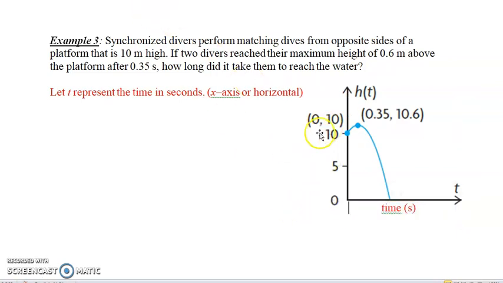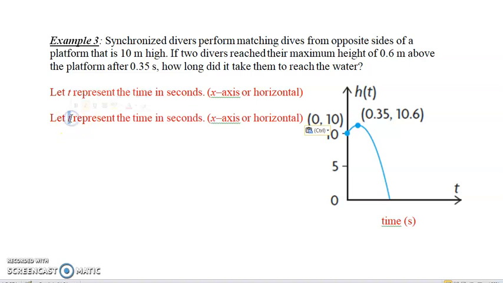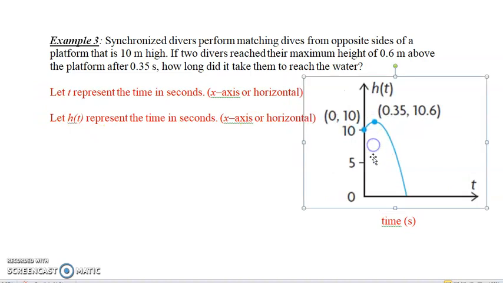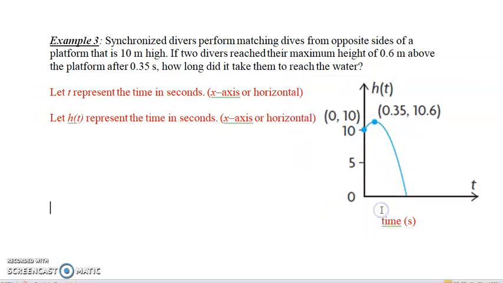And vertically, what we'll do is we'll let h of t, you can just call it y if you want. This is the fancy notation. h of t is function notation, and that is going to represent the height in meters.